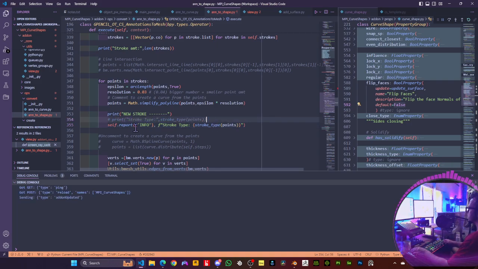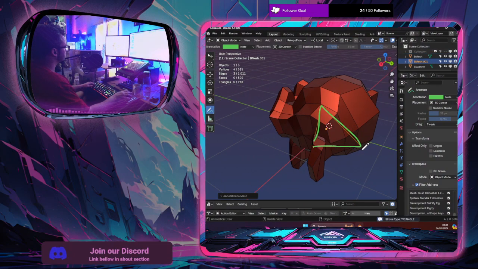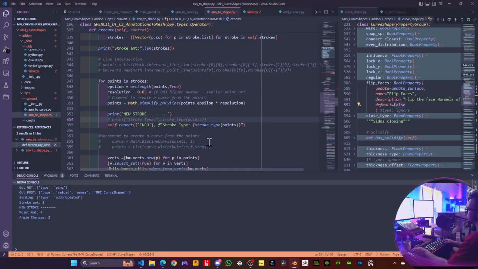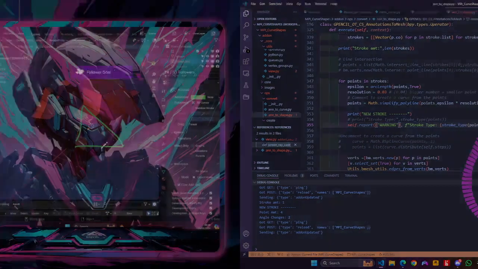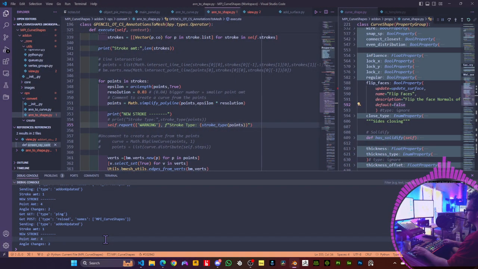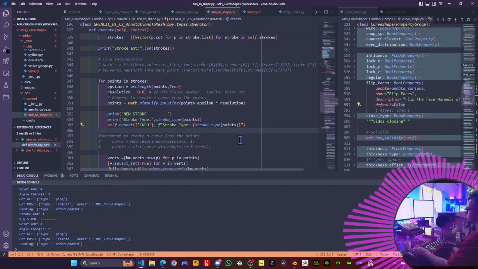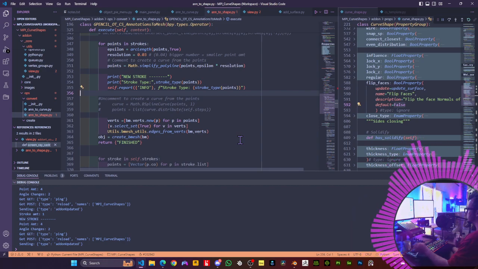I think only warnings go to the terminal. Yeah, only warnings go to the terminal. I have the warning here. Actually, no. Strange. Okay.